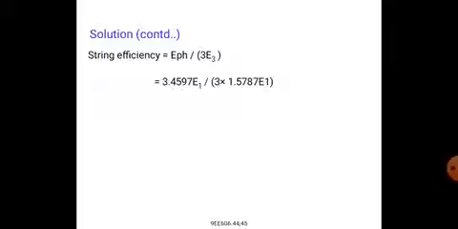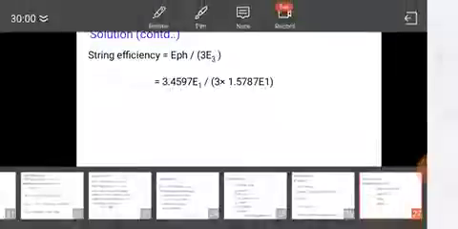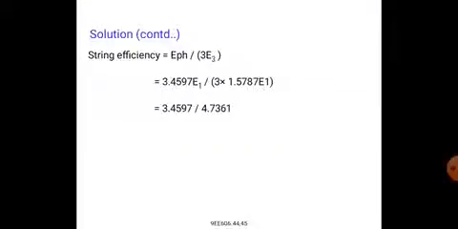E phase is 3.4597 E1 and E3 is 1.5787 E1, so E1 gets cancelled.